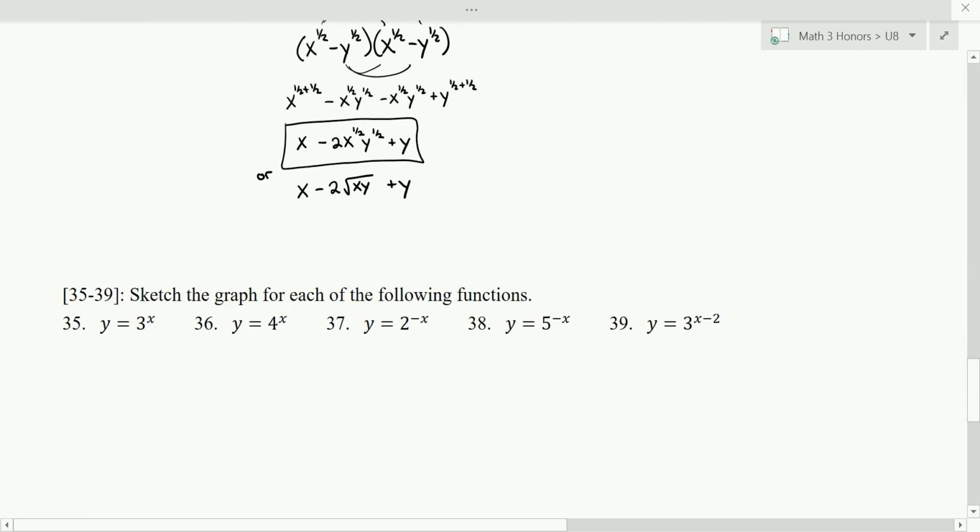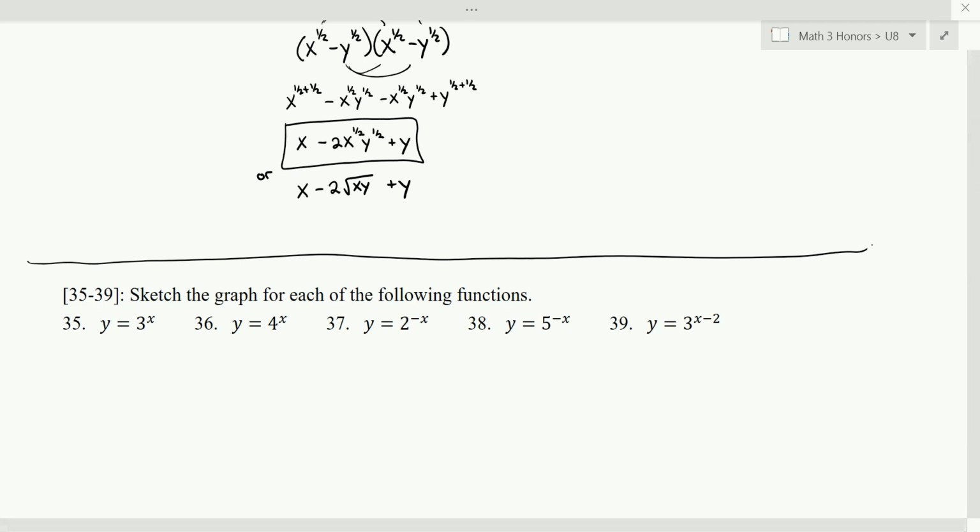Let's skip now to sketching graphs. Okay. So exponential functions in Math 1 or in Honors Math 8, whichever one you took, you looked at exponential functions. It's been a while, but actually, we did it in our class last semester, or in Math 3.